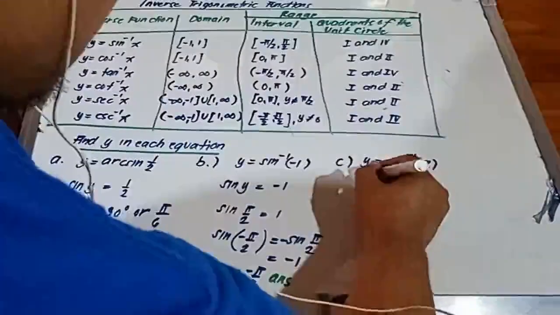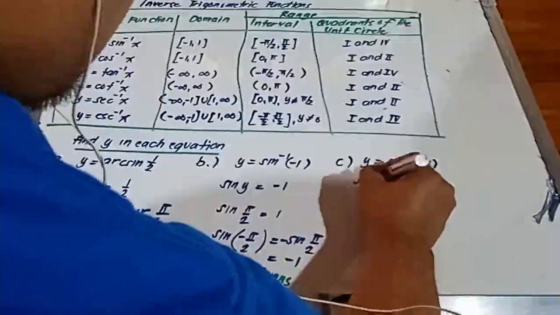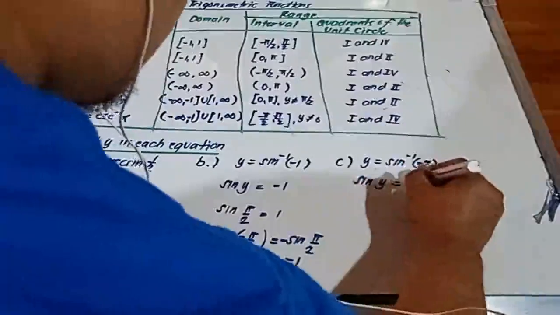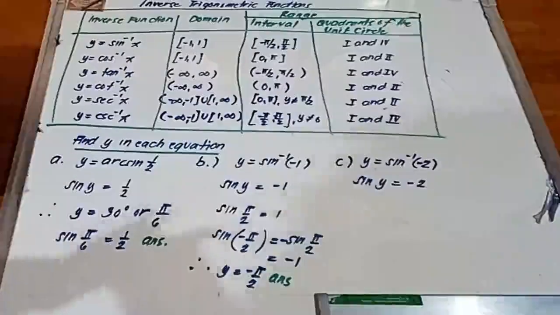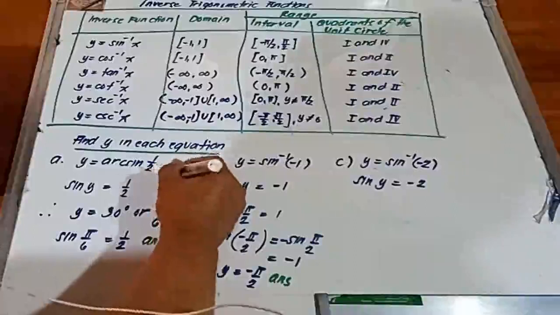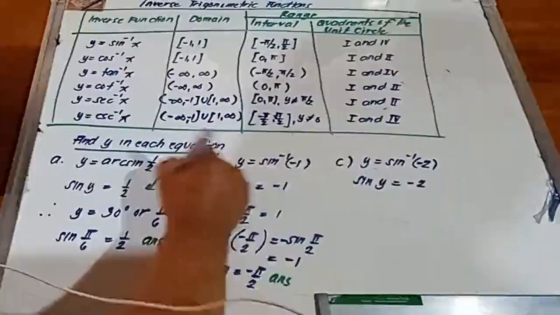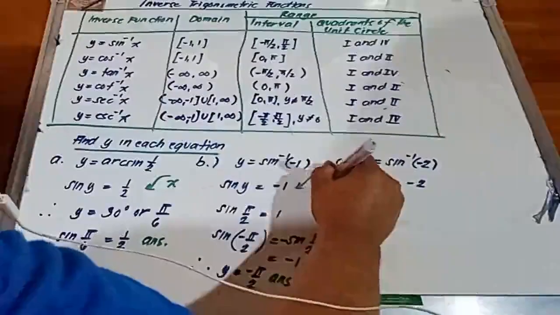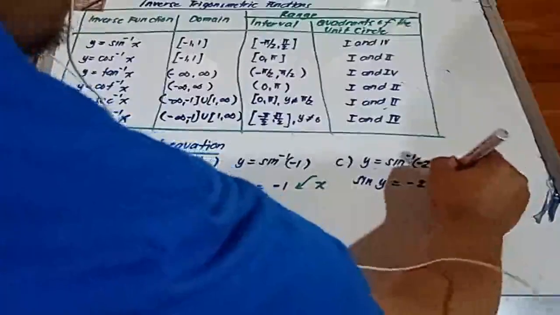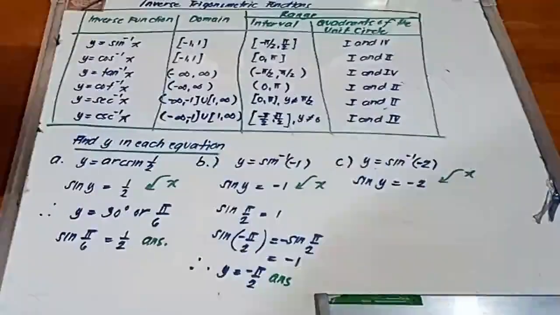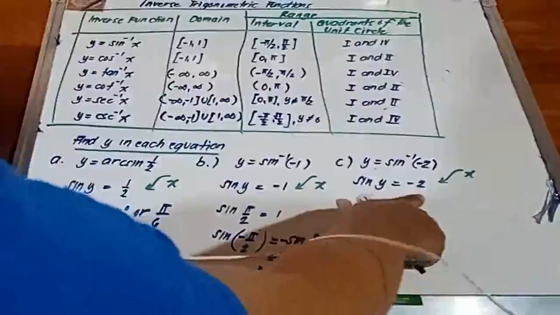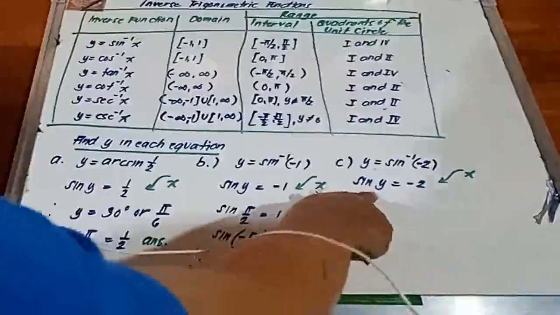Yung letter C natin can be written as sine y equal to -2. Now, by the way, I forgot to tell you, ito yung ating x, so yung x natin, ito yung domain natin. Okay? Ito yung range natin.